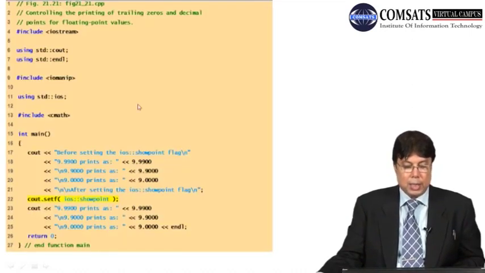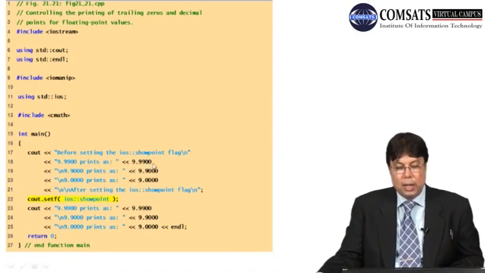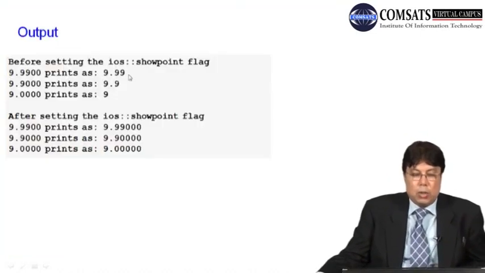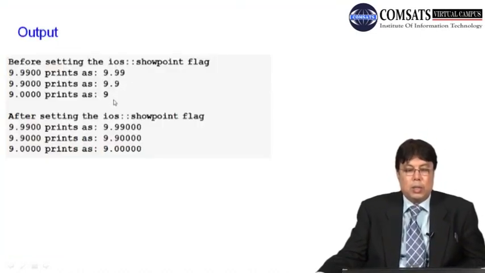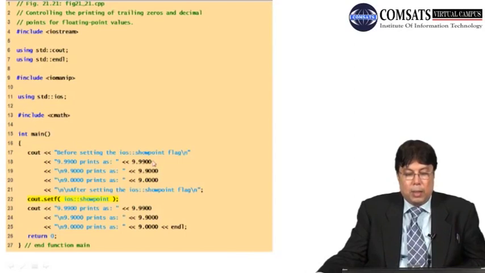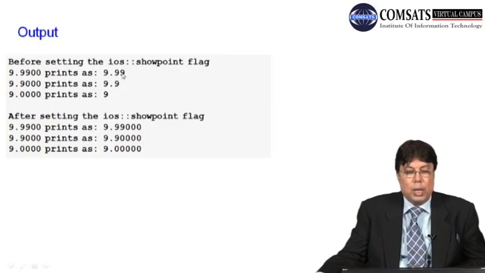In the previous example you mentioned 9.9900, but at the time of printing it has not printed the trailing zeros. So in the output you have got 9.99.